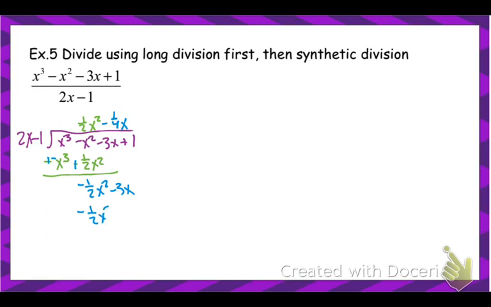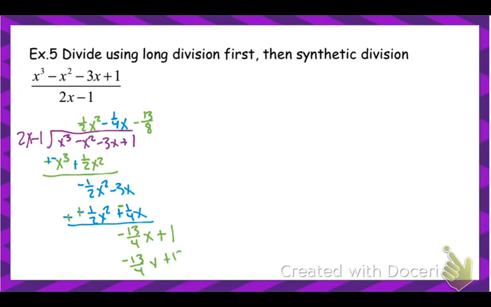Multiply it by everything. And then subtract. I'm going to change my signs. That's negative 3 1/4, which is negative 13 over 4. Bring down the plus 1. Negative 13 over 4 divided by 2 would be negative 13 over 8. Multiply that.